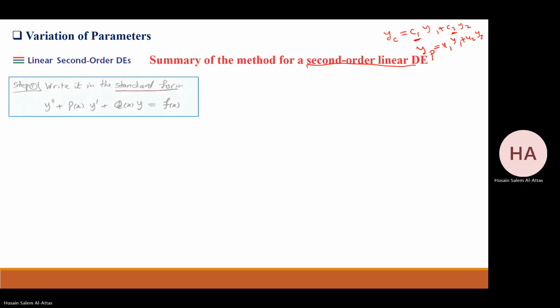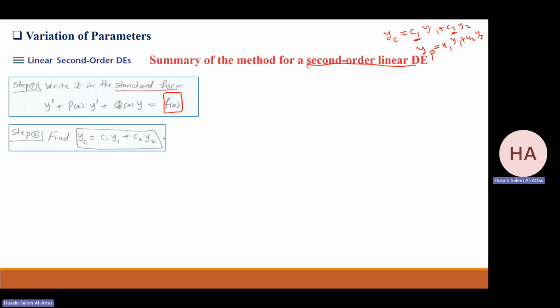First, I need to write the differential equation in standard form. That means the coefficient of y double prime should be 1. This is my first step. And then I need to find f of x. Mainly I need this step just to find f of x. Then I solve the homogeneous equation.